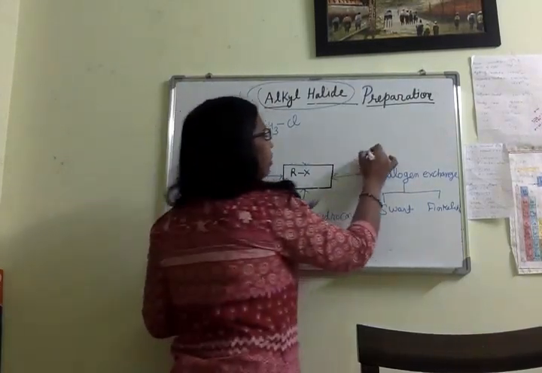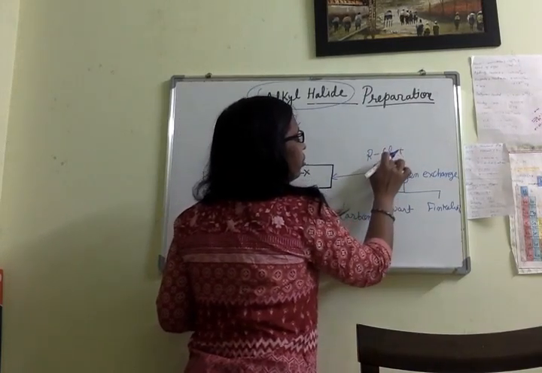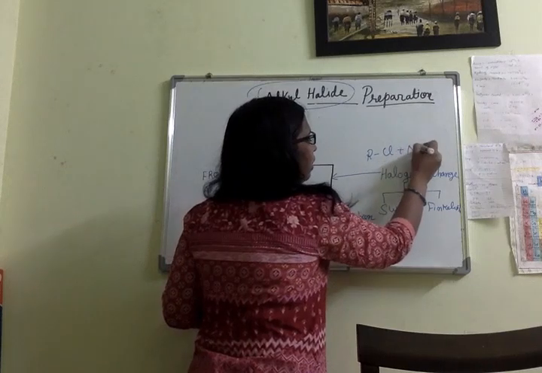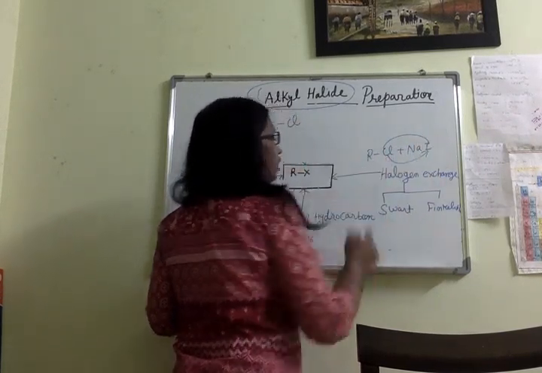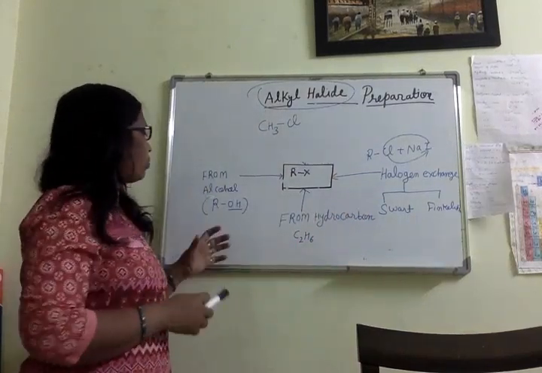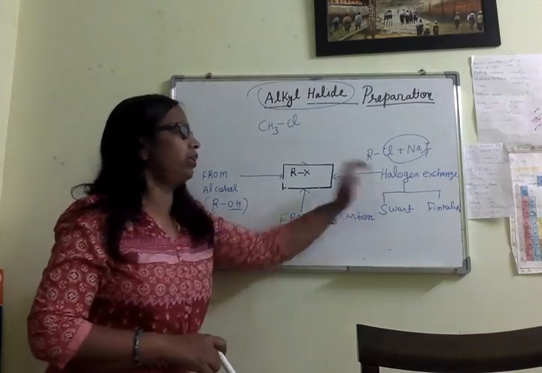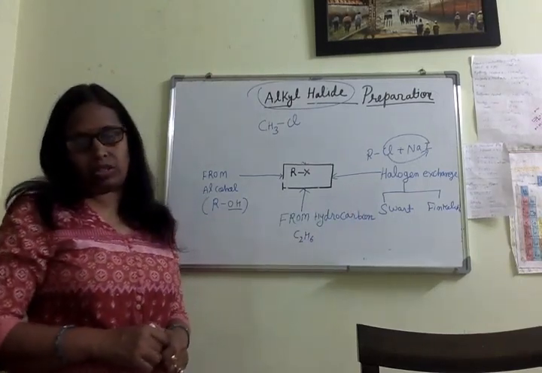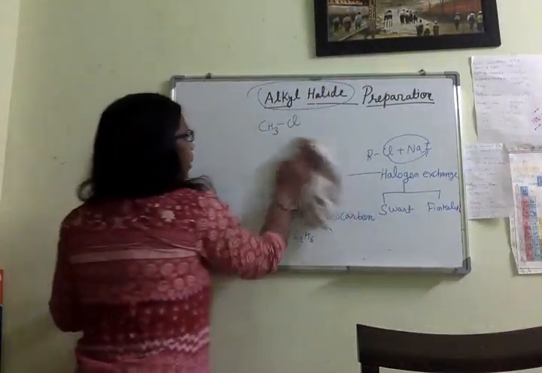For example, RCl. If we want to introduce I, NaI reacts with it, the halogen exchanges and we get RI. So, in this topic we cover three methods: from alcohol, from hydrocarbon and from halogen exchange. Okay. First method. From alcohol.